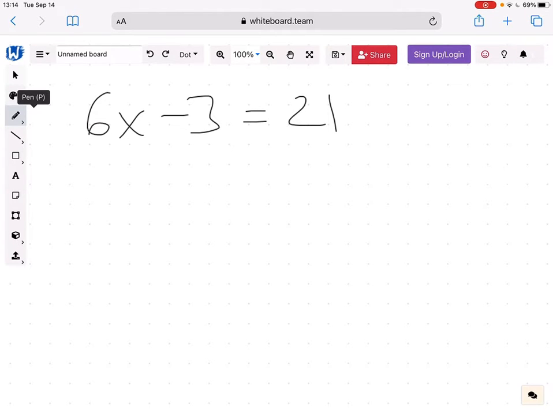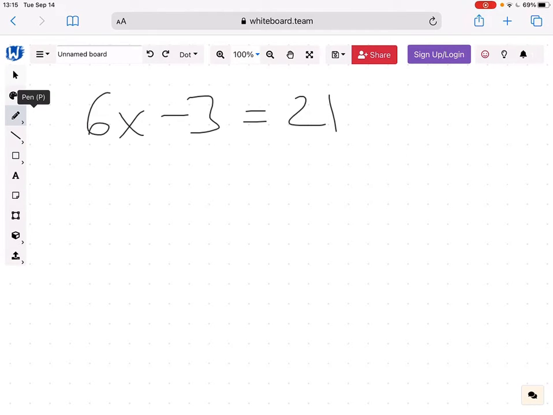So the standard procedure of handling equations is to put unknowns on one side of the equality and known things on the other side. In our case, we have the unknown x. We have 6x, and that should sit on one side, and it's already on the left-hand side of the equation. But then we want to have all the other things, like numbers, on the other side.